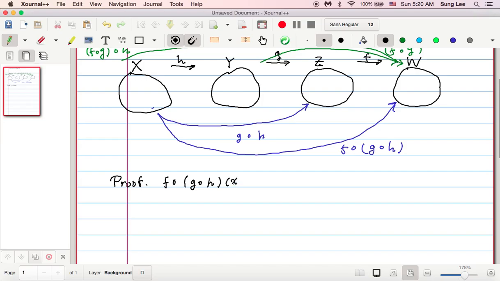So when it acts on an element x in this first domain X, by definition, that is going to be f of (h followed by g)(x).